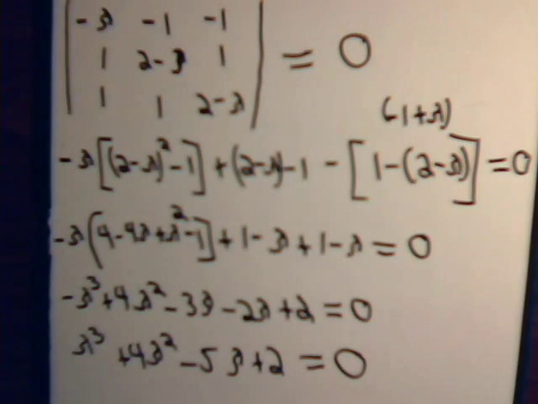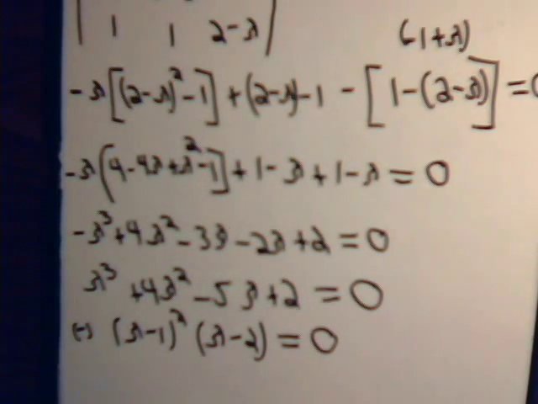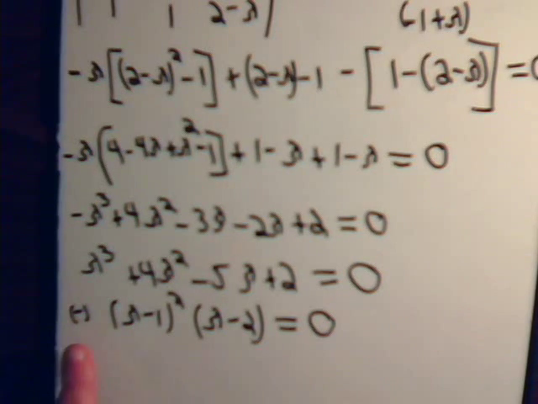And here, for our particular problem, this factors out to be minus (lambda minus 1) squared times (lambda minus 2) equals 0. Multiply both sides by minus 1; this is irrelevant.